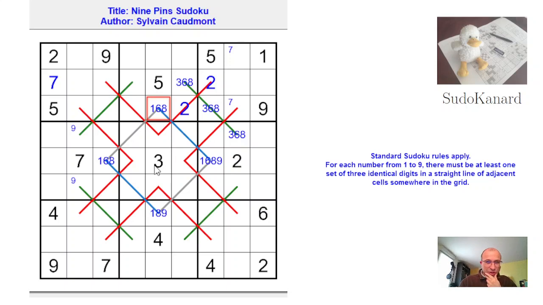And that is a breakthrough, I hope. 3 could be here, well, it could be on basically any red line. So, any green line, sorry. So that's another point of interest.